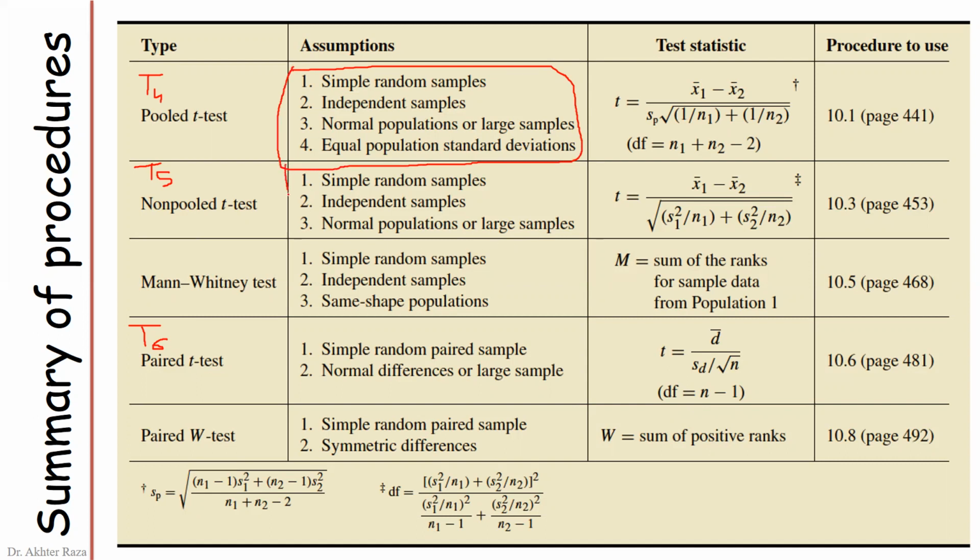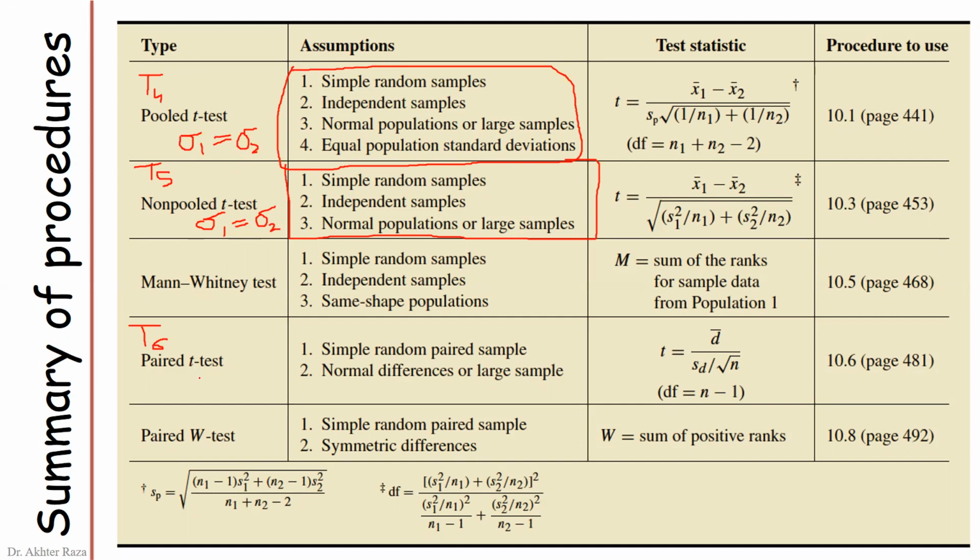Then we have non-pooled, where standard deviations are not the same, and pooled, where standard deviations are the same: sigma 1 is equal to sigma 2. Standard deviations are not the same: sigma 1 is not equal to sigma 2. Non-pooled and pooled will be decided on the basis of the population standard deviation. These are not the sample standard deviations. I am talking about the population standard deviation.